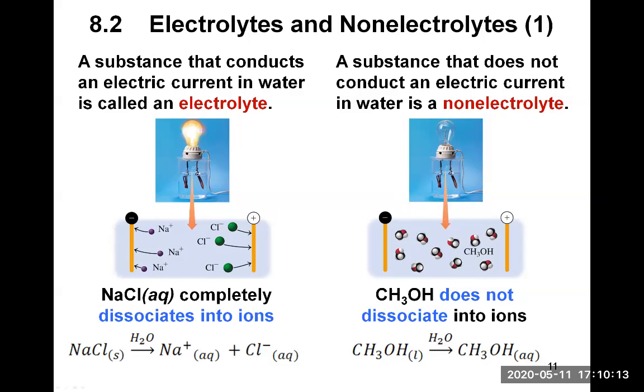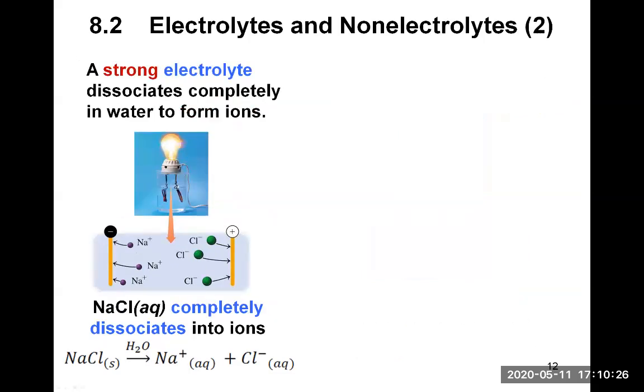So typically covalent compounds that are neutral molecules will not conduct electricity, and we call them non-electrolytes. So we distinguish strong electrolytes from weak electrolytes. And a strong electrolyte dissociates completely in water to form ions.